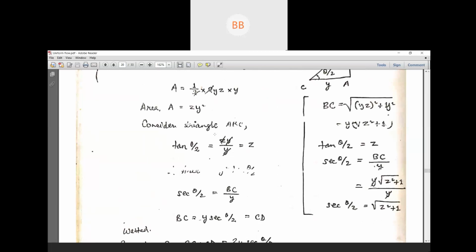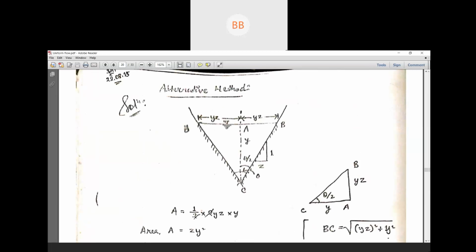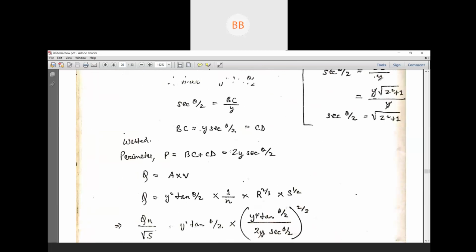So definitely this side and this side will be same as our side slope is same. So that is why we have taken twice. We know BC is nothing but y sec theta by 2, and BC and CD will be same in this case, because the side slope is same, all the parameters are same. Whatever we are going to get for BC, we will get for CD also.